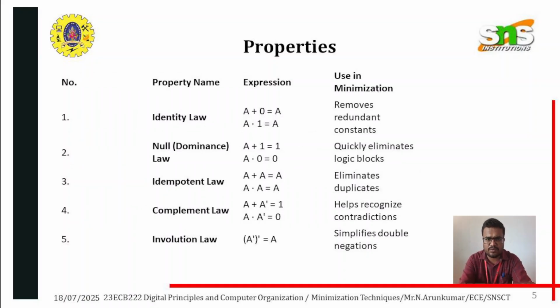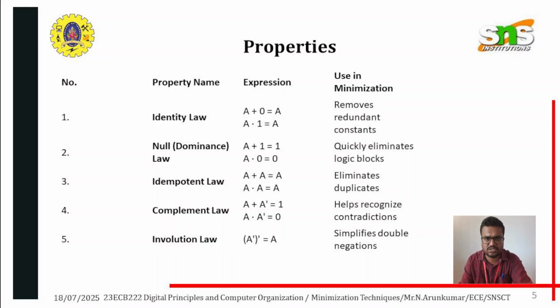Properties. Some of the properties are given based on Boolean algebraic equations. Here A is a variable, and in the next slide we use another variable B. Because these are theorem-based properties, A and B are used for input signals, so that we can give them as inputs of zeros and ones.